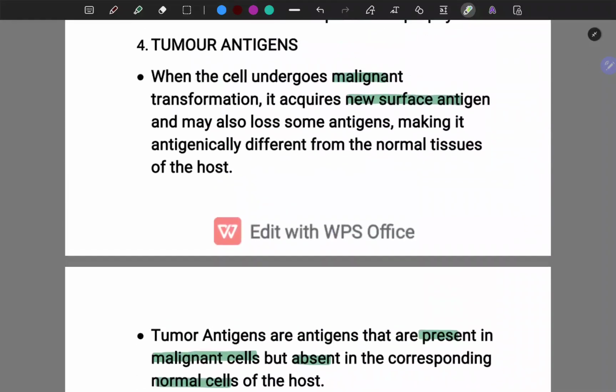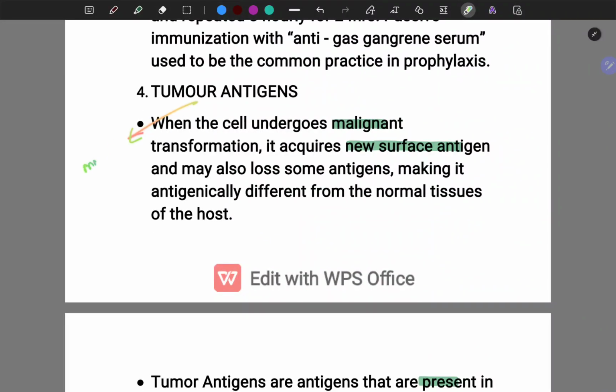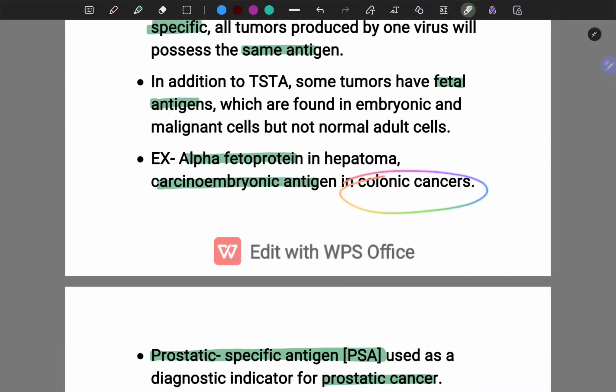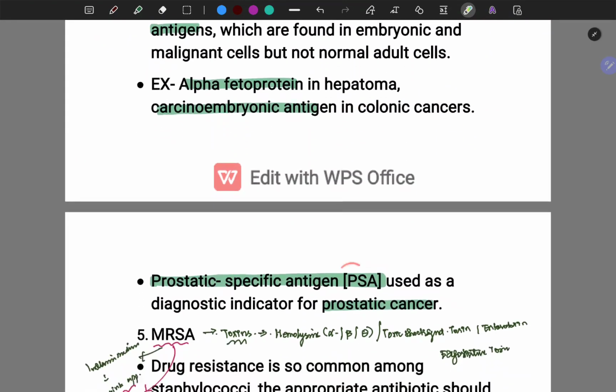I want you to remember tumor antigens are malignant antigens. They are not present in the normal cells. Second point, tumor antigens are nothing but alpha-fetoprotein, carcinoembryonic antigen. So alpha-fetoprotein in hepatoma, carcinoembryonic antigen in embryonal cancers or colonic cancer, and prostate-specific antigen in prostate cancers.